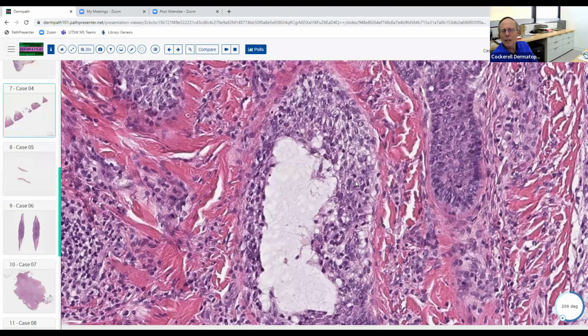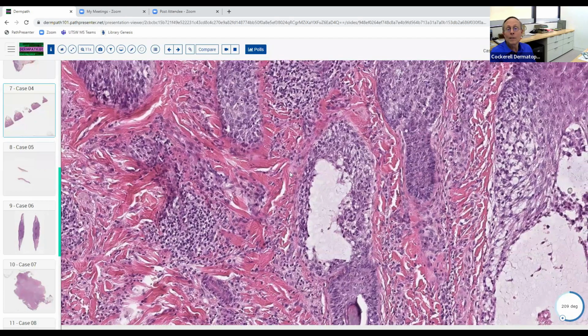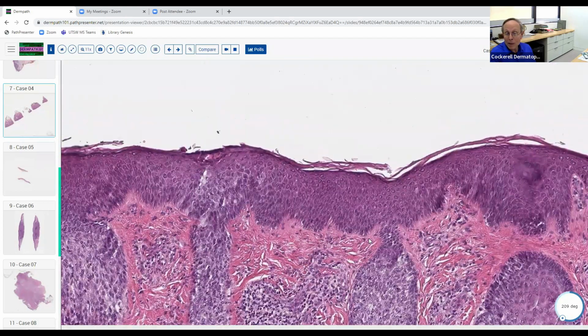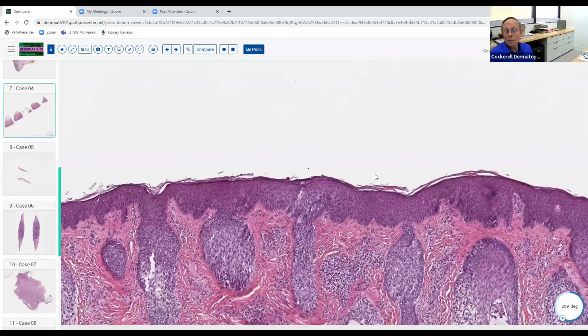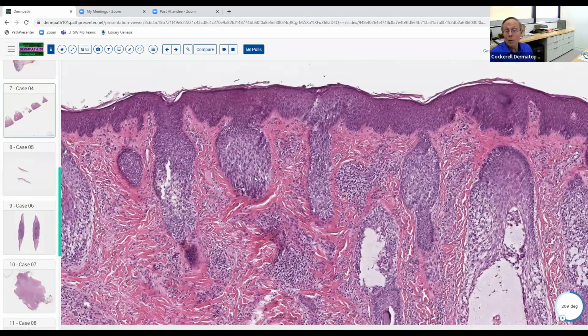It almost looks like mycosis fungoides involving the follicle. And if you look up at the DE junction, you'll often see features of MF up here. So that's very helpful when you're trying to diagnose follicular tropic mycosis fungoides, or MF with follicular mucinosis: you look for other features of MF and for atypical lymphoid cells in the follicle.